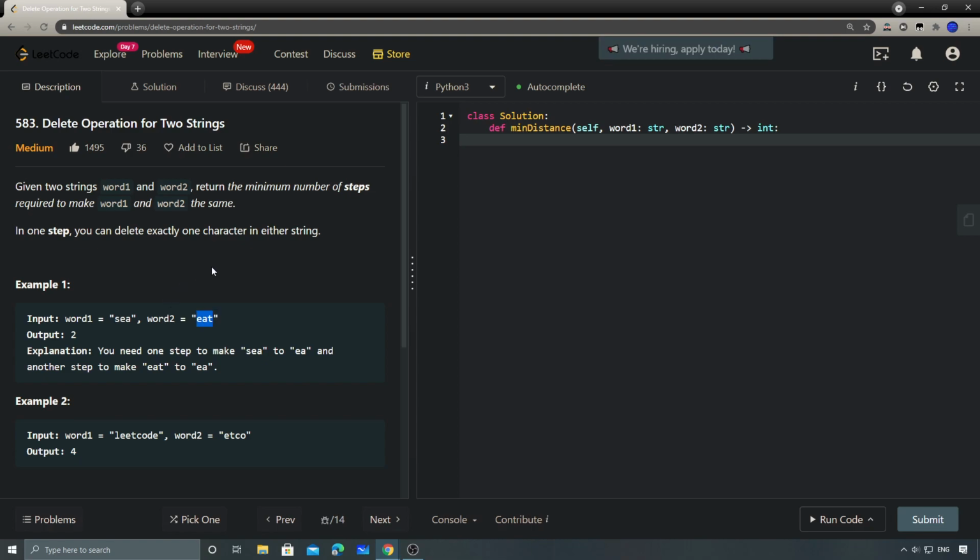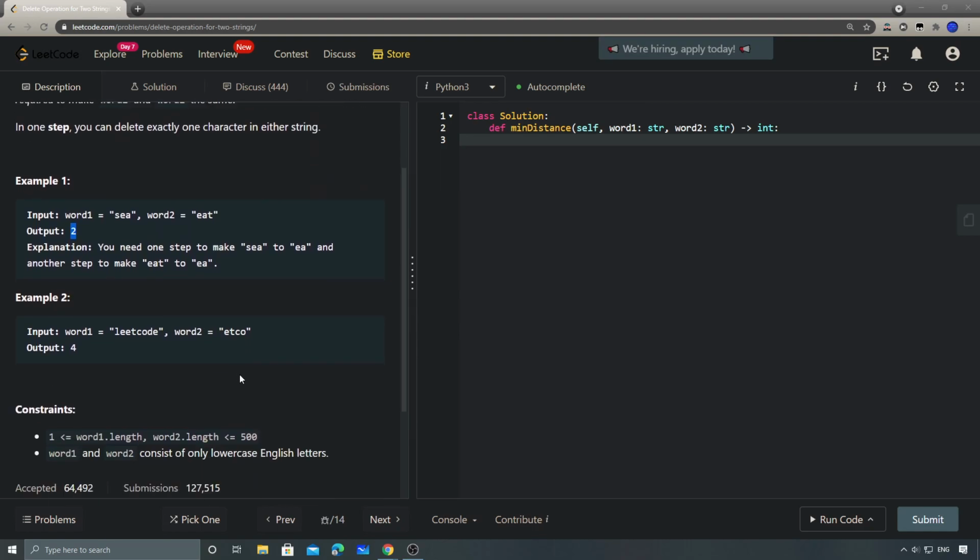For these two words, the answer is 2 because we need to remove S from the first word and we need to remove T from the second word. And in example 2 here, we need to remove LE and then DE. Those are the two parts we need to remove.